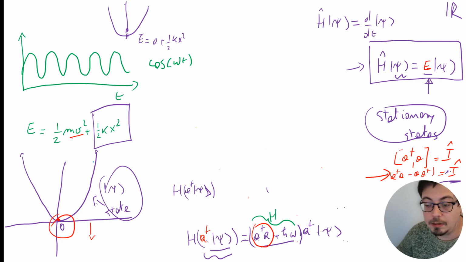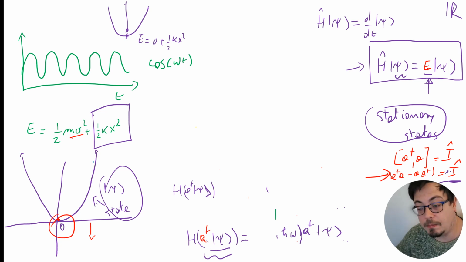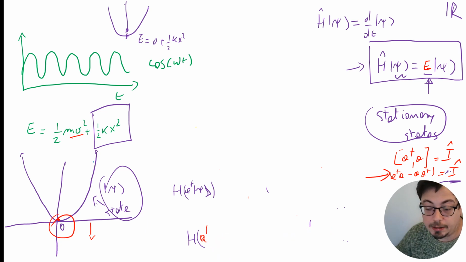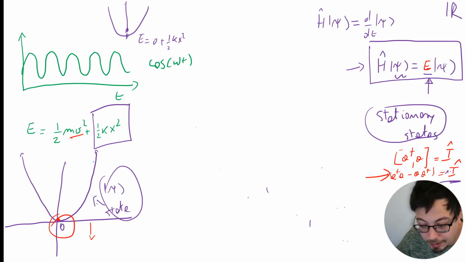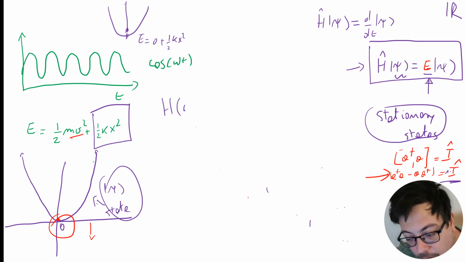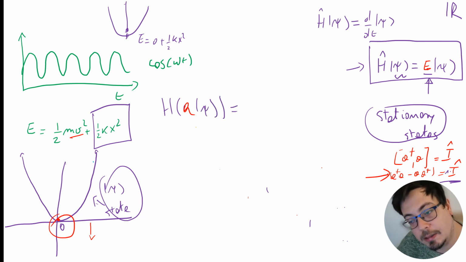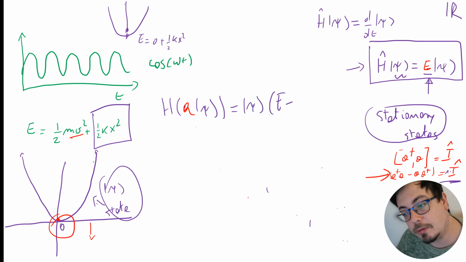Okay, so we raise the energy, but in the same manner, doing the same calculation with the other operator, we can show that if you use the A operator, not the A dagger operator, the energy will be lowered. So we will have psi, energy minus 1, okay?